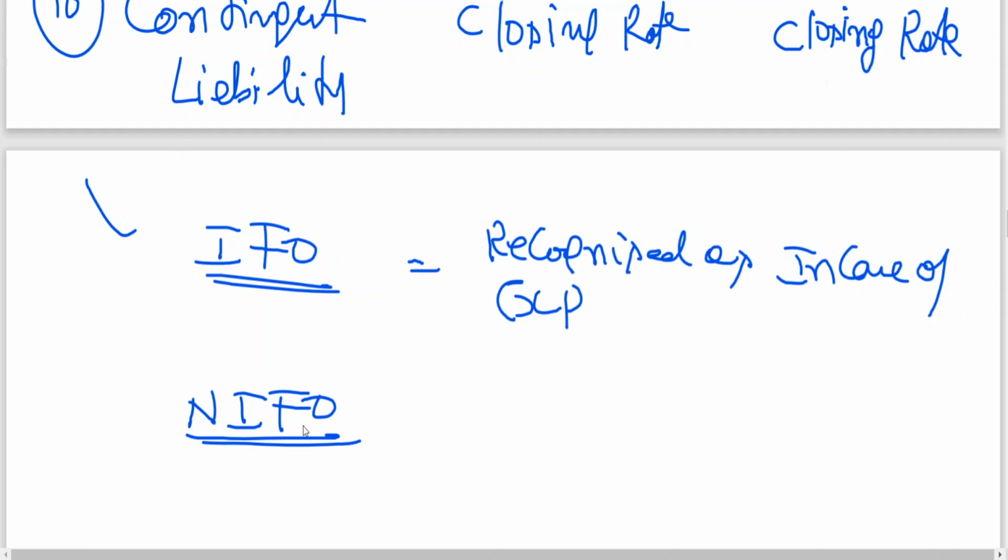See, here when you look at the non-integral foreign operation, any income or loss is being adjusted in foreign currency translation reserve. It is called foreign currency translation reserve. Previously I told you exchange gain or exchange loss is transferred to P&L account, but here exchange gain or exchange loss is not transferred to P&L account; it will be called foreign currency translation reserve.